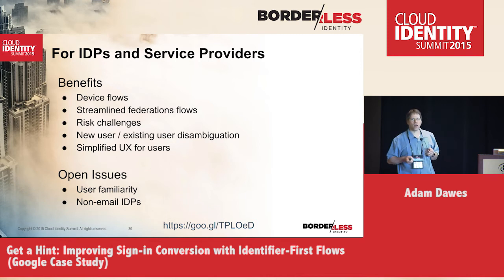So users typically think about their Facebook not necessarily with the backing identity, their backing email identity for it. So the UX for users that are expecting to use a social IDP sometimes is not ideal. So you'll have to think through that as well.